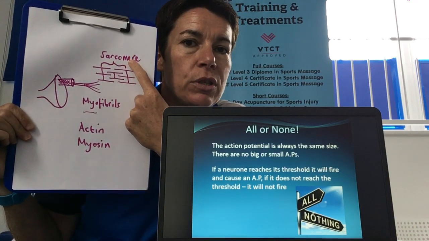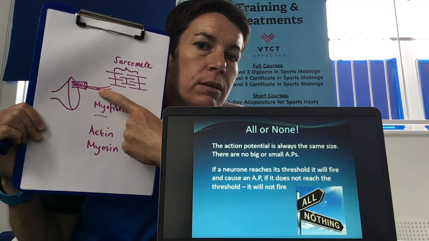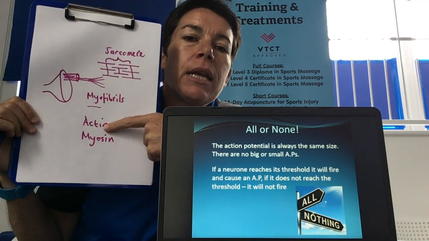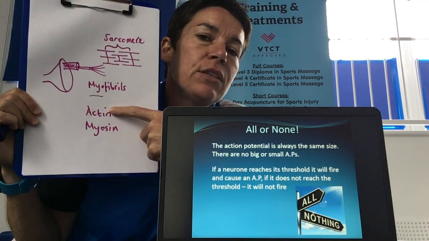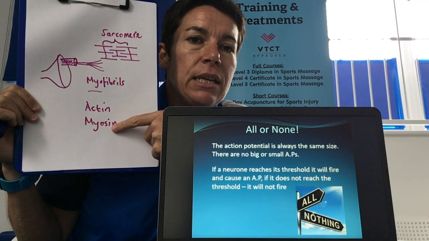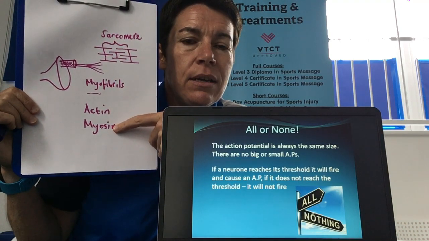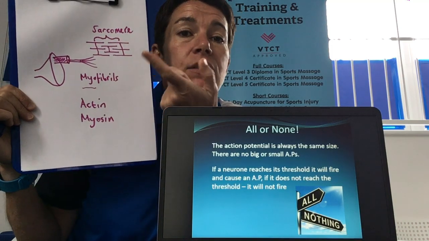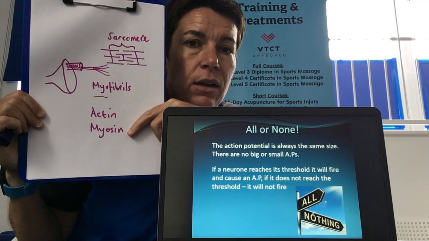The sarcomere shortens. Myofibrils make up one muscle fibre, and myofibrils are made up of these two protein filaments, actin and myosin. Actin is the thin one, myosin is the thicker one, which contains the heads, the myosin heads, and the heads will form the cross bridges. They're the ones that pull the actin closer.